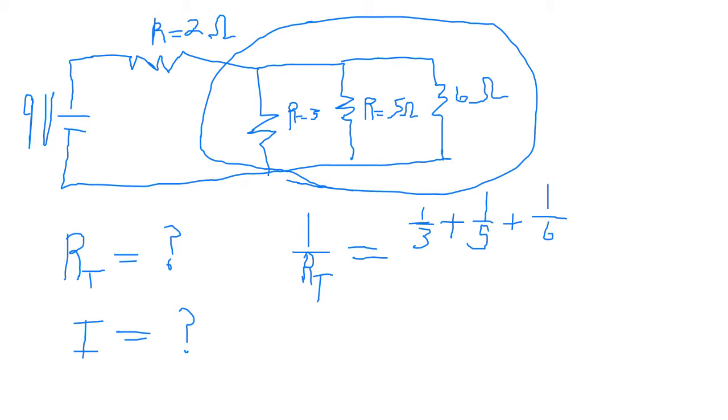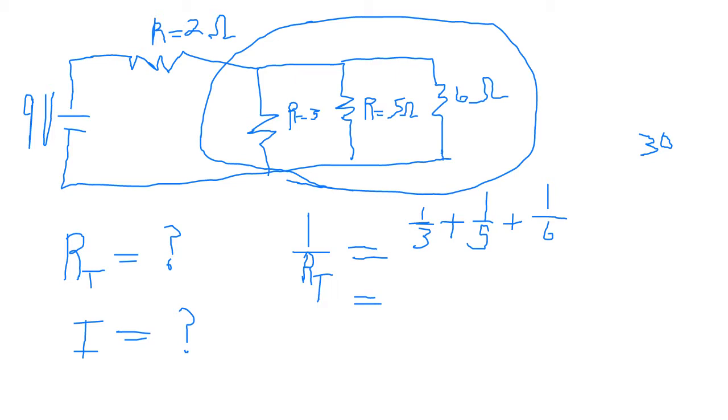And so what do all of these have in common? 30. So we would find that common denominator. And this time I won't write it out, skip some steps.